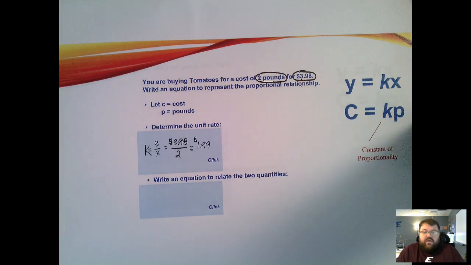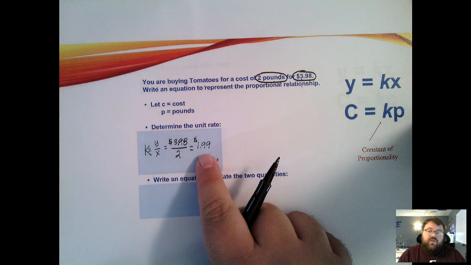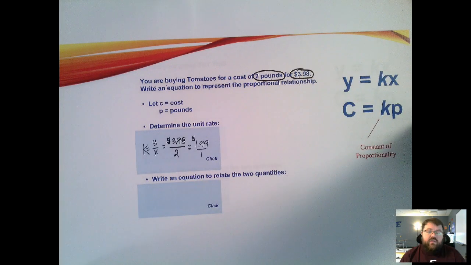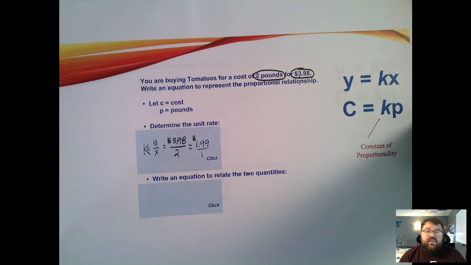Now let's stop here for a second. At this point in the course, you have got to be able to tell us this means $1.99 per pound of tomatoes, or for 1 pound of tomatoes, it's $1.99. You've got to be able to say that.